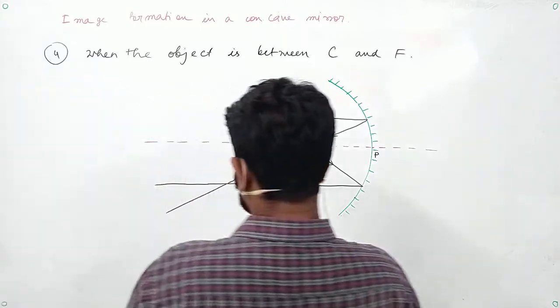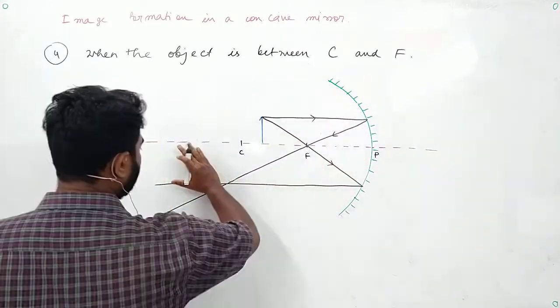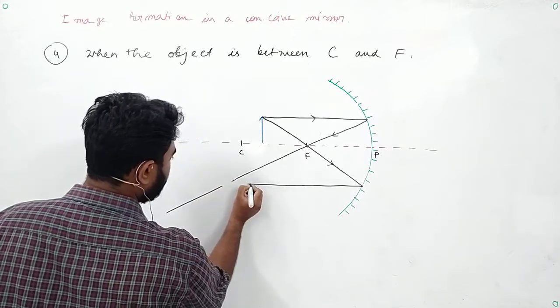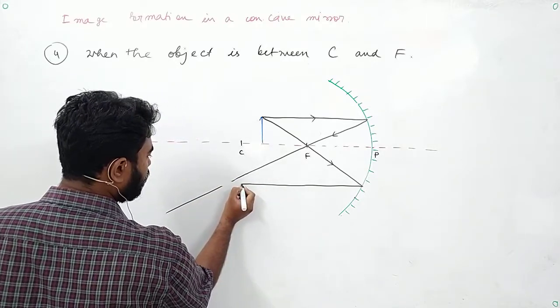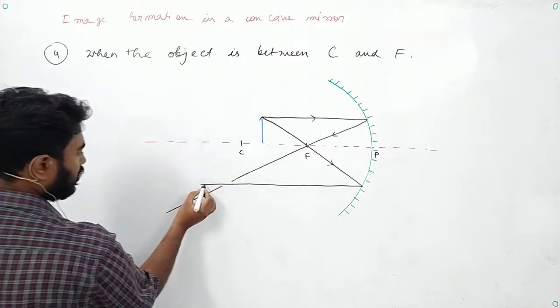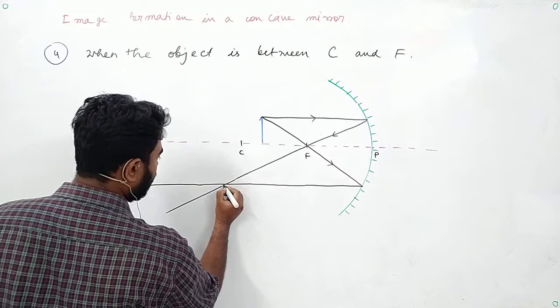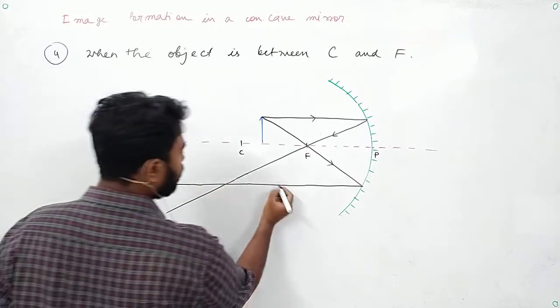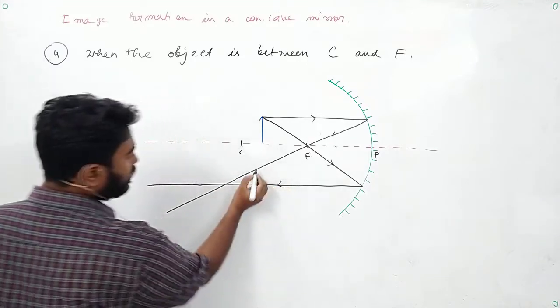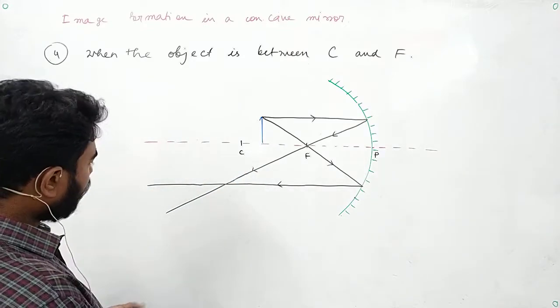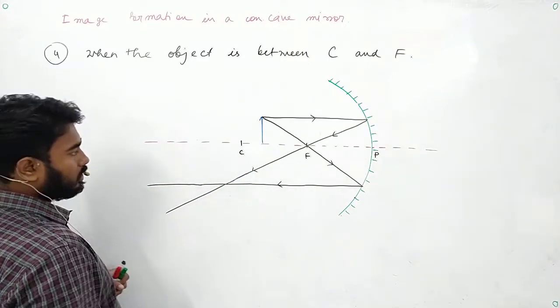Okay, so this is not actually parallel but almost close to parallel. Now the rays of light after reflection will pass in this way. We found out that they met here.